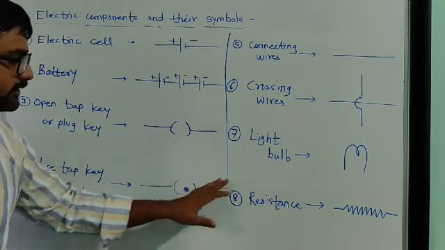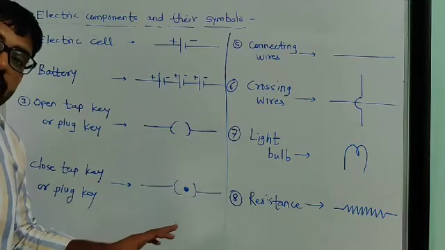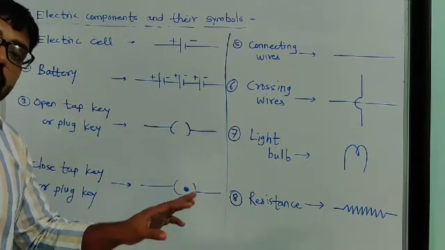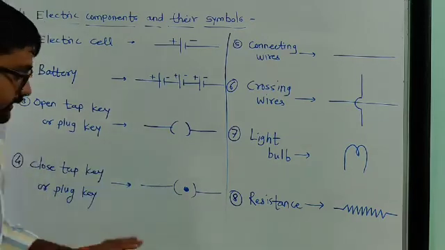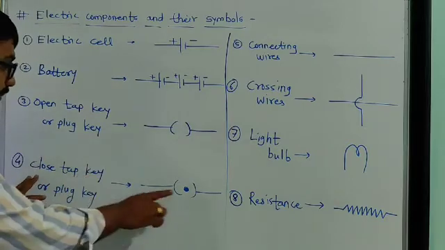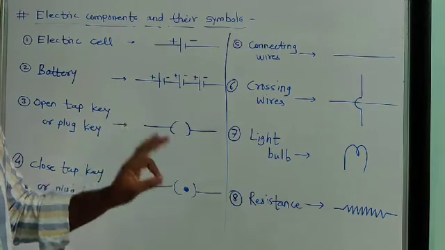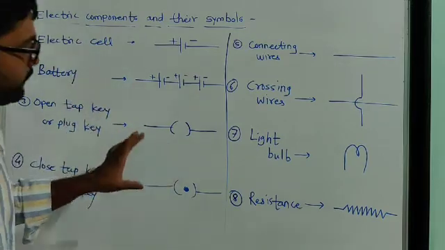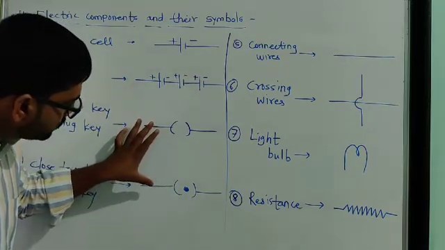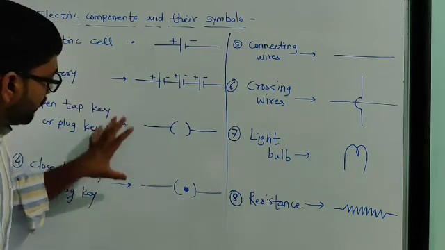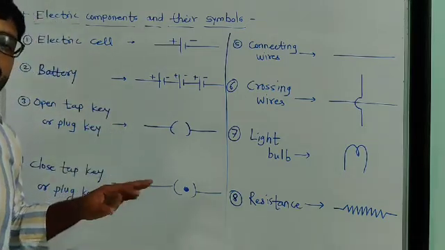So this is used to start current flow in the electric circuit. This closed tap key is used to start electric current in the electric circuit.